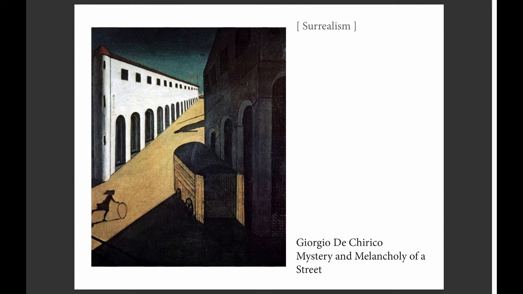De Chirico's Mystery and Melancholy of a Street epitomizes these aspects. So when we think of the word surreal, it's dreamlike. So it has this dreamlike quality to it. We see this shifting perspective in two different buildings.